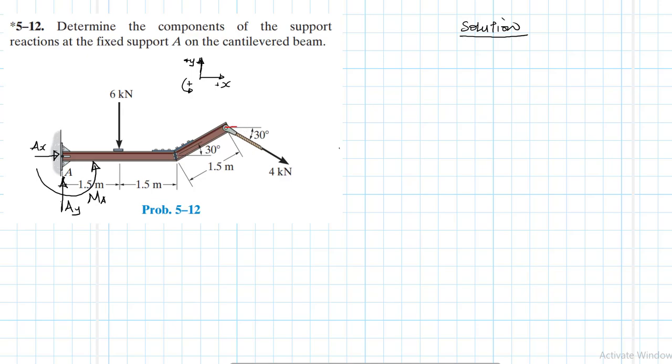So we expect a component in this direction, equal to 4 cos 30, and another component coming down, equal to 4 sine 30, which is basically equal to 2, because sine 30 is 0.5.